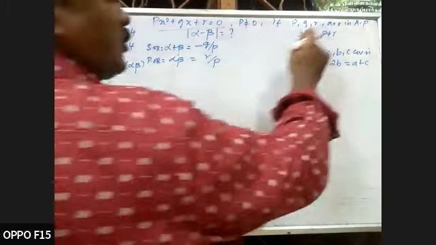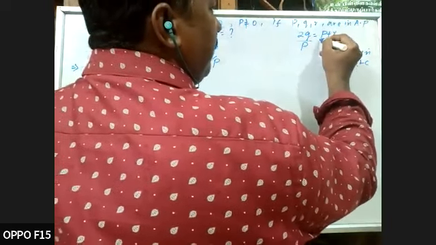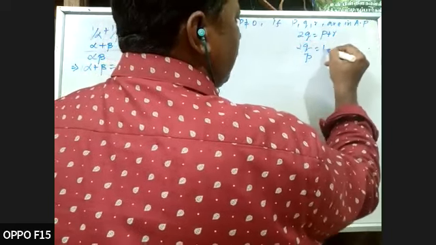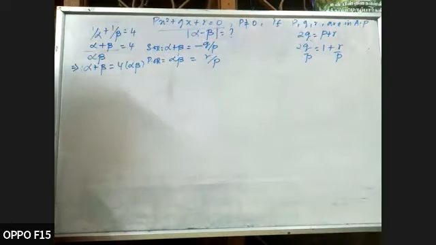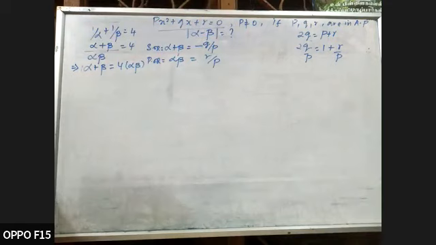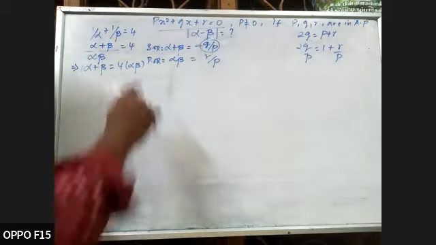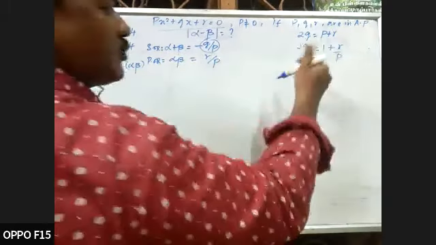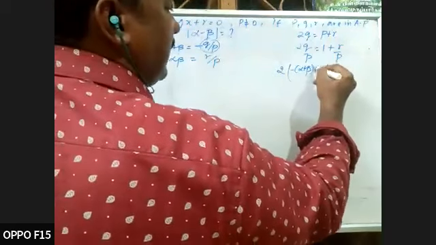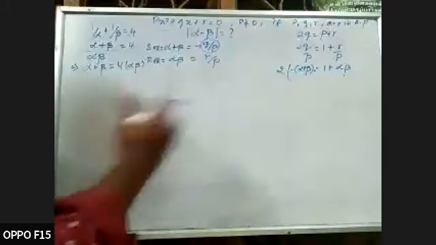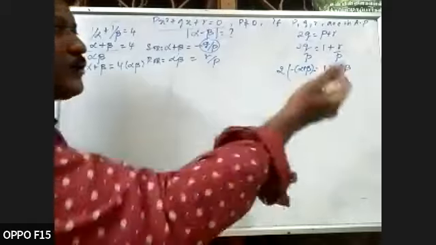இப்போ நான் என்ன பண்றேன், இந்த 2q இல்லையா, இதை p ல டிவைட் பண்ணீங்க. Dividing by p, we get 2 into q by p equals 1 plus r by p. பாருங்க, q by p உடைய வேல்யூ minus alpha plus beta. அதே போல r by p என்ன சொல்லலாம், alpha beta.